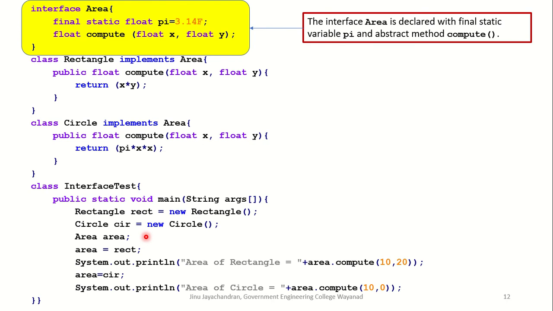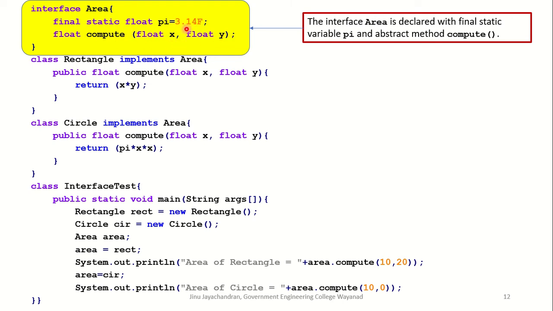So let's look at a complete example. We have an interface called area, and area is declared as an interface with a final static floating variable pi, which is 3.14f, and there is a function called compute, which takes input arguments x and y.